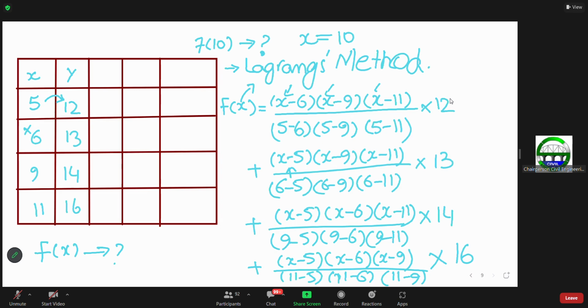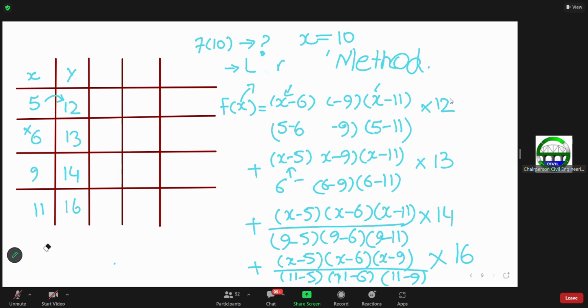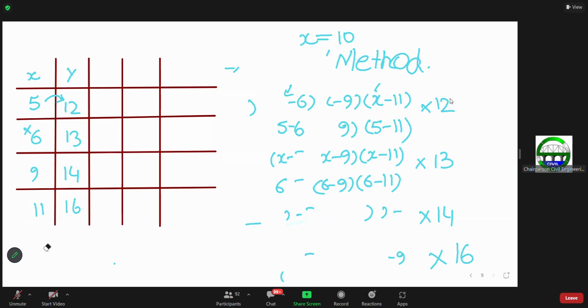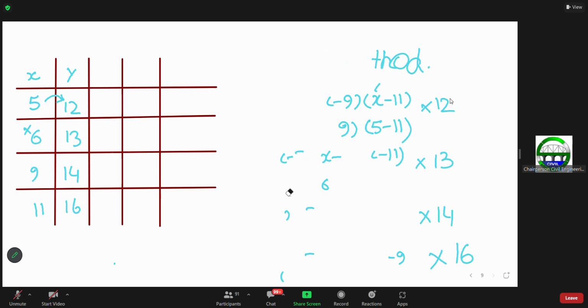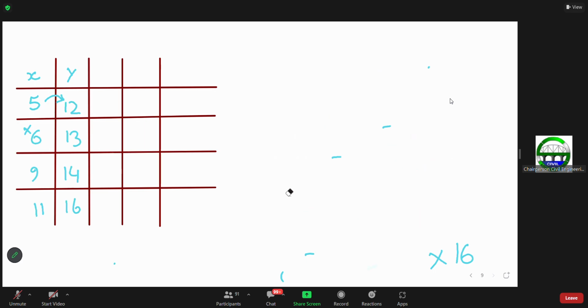Okay, so I will remove this one now, and then we will solve the same question with the Newton divided difference method. I think I should remove this one to make it a bit bigger.